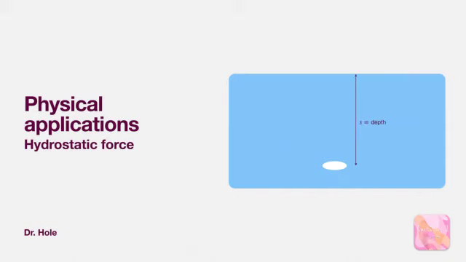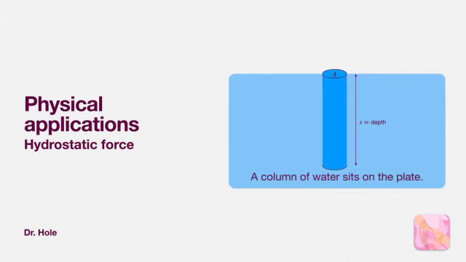Let the depth of the plate be S. And then represent the area of the plate with capital A. And then sitting above the plate is a column of water. And then the volume of that water is A times S. Good.